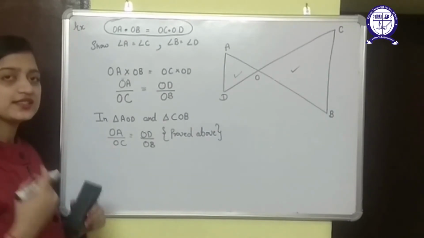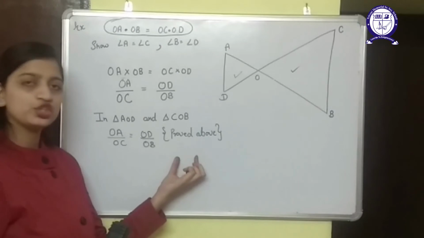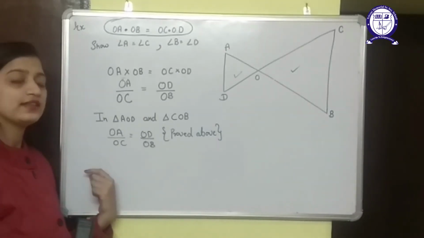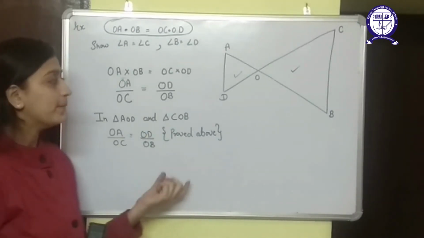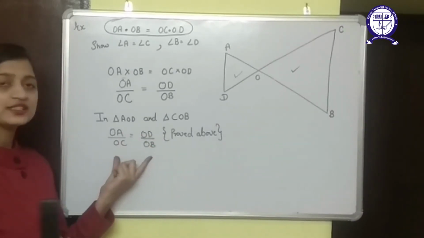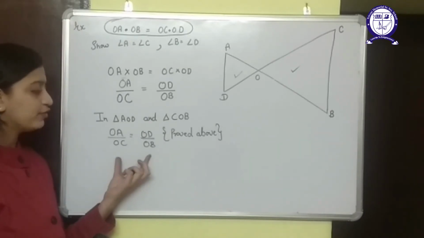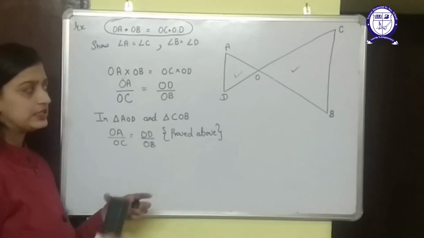Now, what is the second thing? If we had the third side in the proportion also, we could easily say that it is by side, side, side. But here we have only the ratio of two sides. So the second one has to be an angle. Which angle do I have to take? I have to take the angle between these sides.